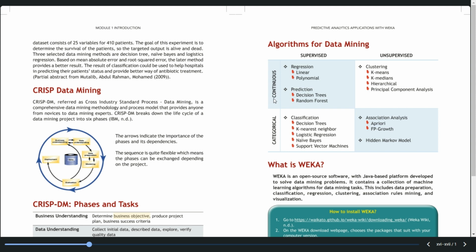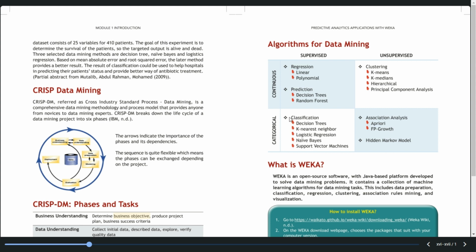Okay, contoh data tinggi, height of a human. Continuous bila awak letak nombor, the real numbers, 165, 150 cm, itu adalah continuous. Categorical, bila you put it in a category: tall, medium, short. Itu semua ataupun petite.